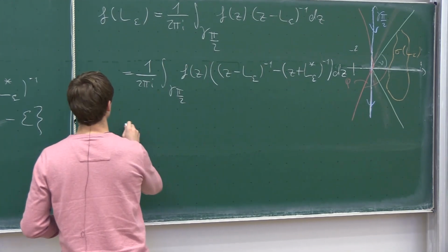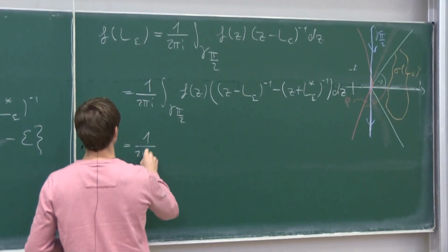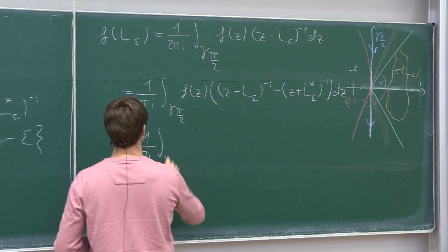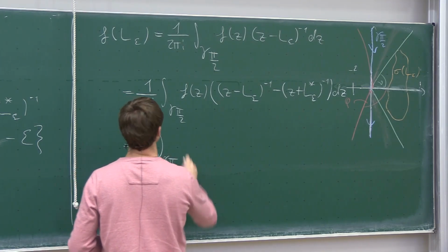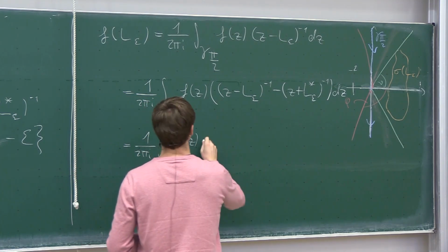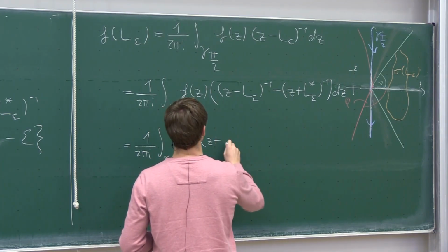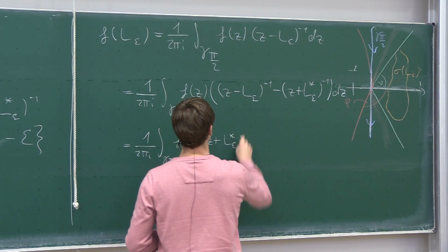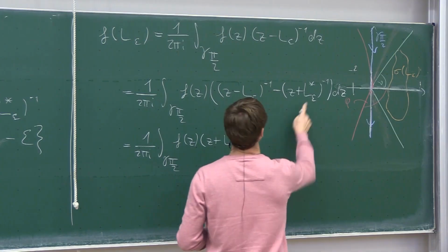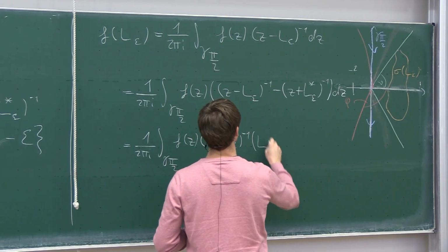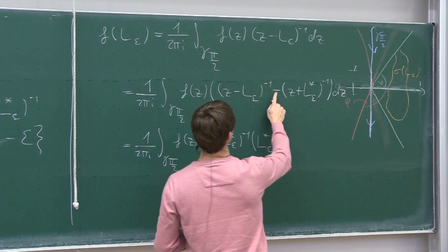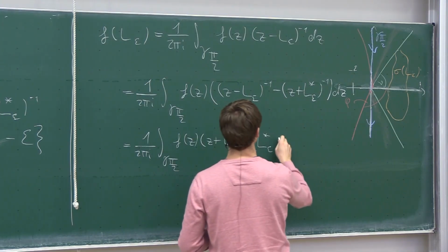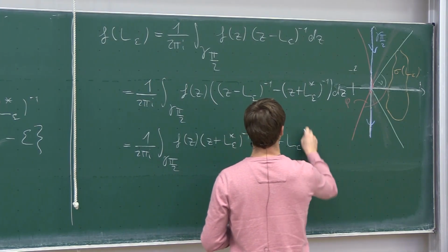And so this coincides with 1 over 2πi times the integral over the path γ_{π/2} of f of z times the resolvent (z + L_ε*)^{-1} times, we get here some L_ε*, and then we have a minus and a minus, so we get a plus L_ε.